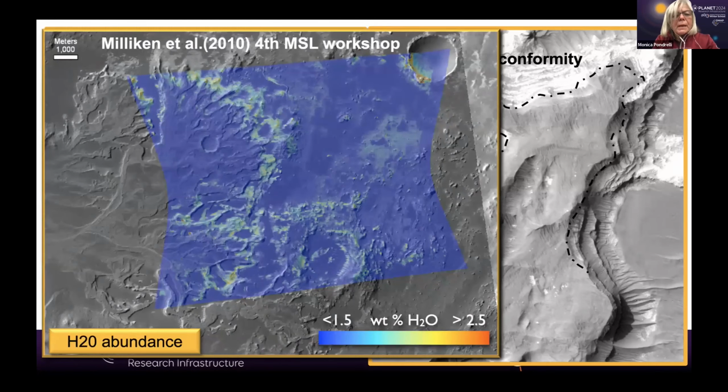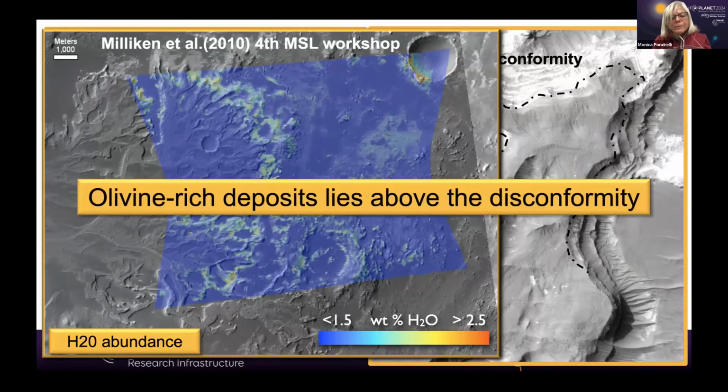In fact, if you look at the A2 abundance map here, we saw that there is almost no water abundance in correspondence of the dark tone deposits, but there is in correspondence of the material comprising the light tone formation, which is the one related to the deltaic evolution.